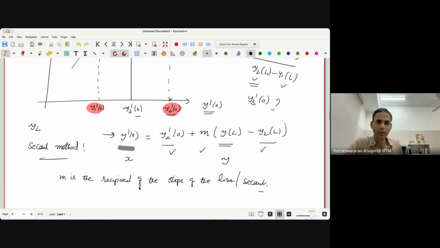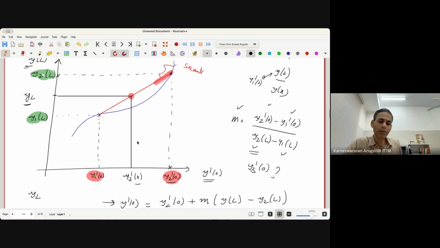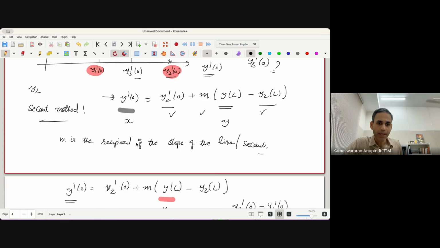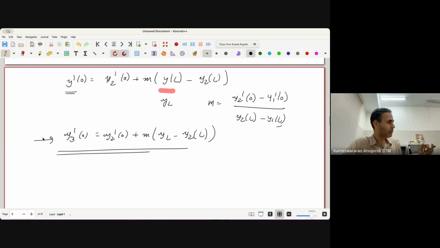So I have obtained y3 prime of 0, which is the next guess value. So once I have y3 prime of 0, I can again integrate, right? This is the new guess value, which I obtained from the two initial guesses I had. That means I know y3 of 0. y3 of 0 is y0 and then y3 prime 0. So I can integrate these two using my RK2, RK4 and calculate y3 of x, right?